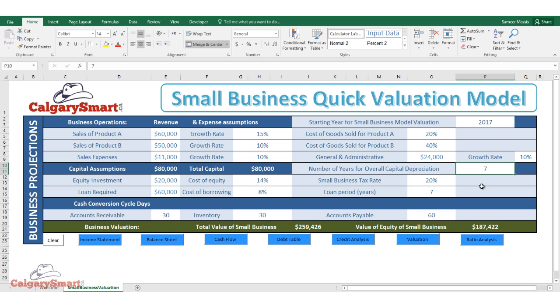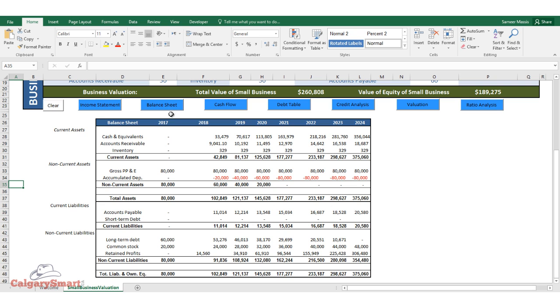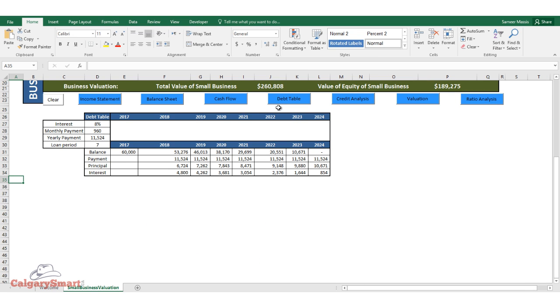At the same time, you can see the projected income statement as well as the balance sheet and the cash flow statements. We also have a projected debt table and credit analysis of the business.